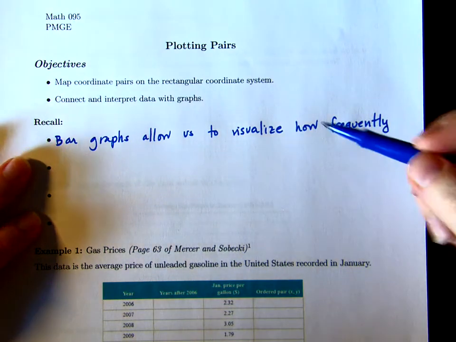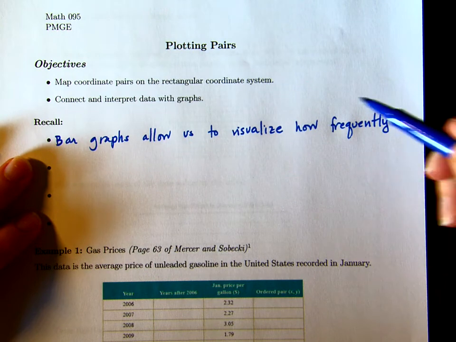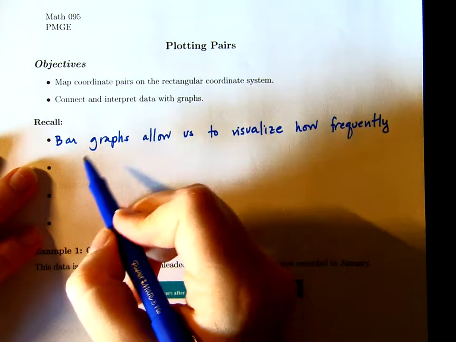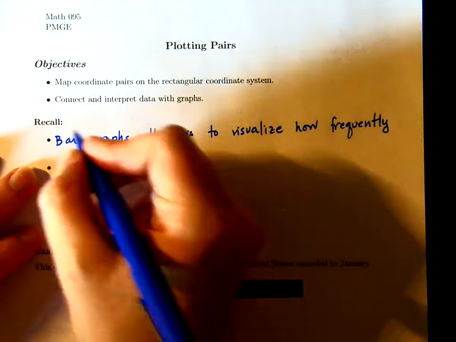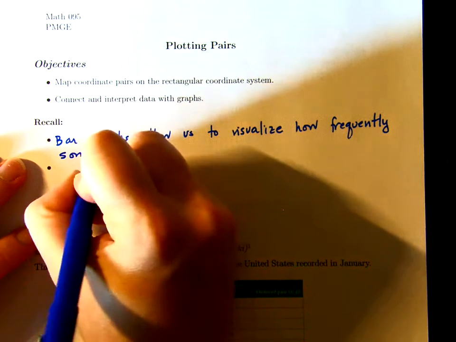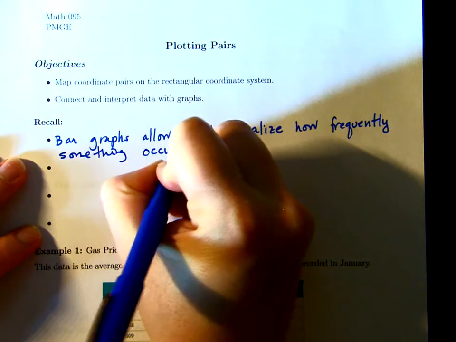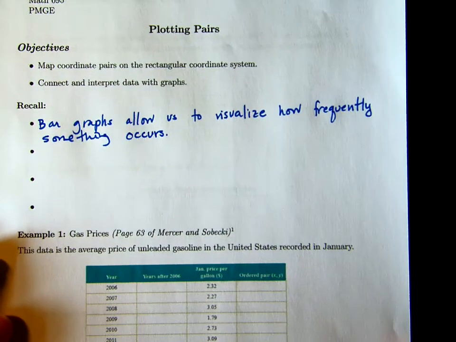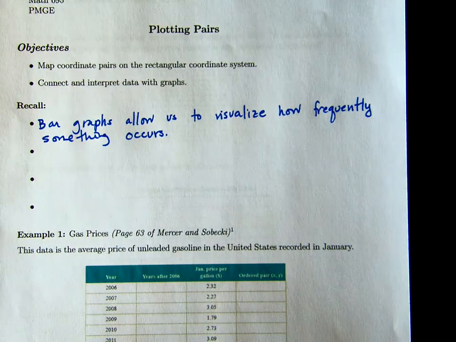Remember, our vertical axis was always how many, or relative frequency, which was the percentage of. Okay, and then it paints a picture for us. We can sometimes see more relationships if we have a visualization of what's happening.